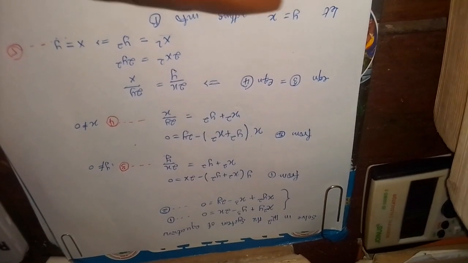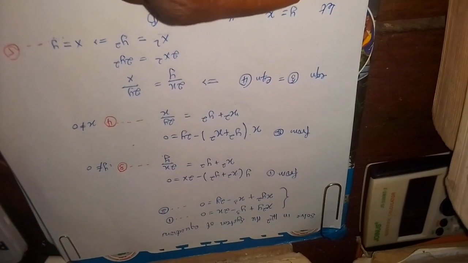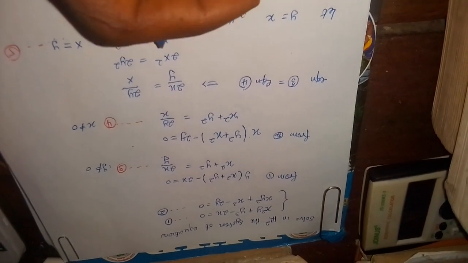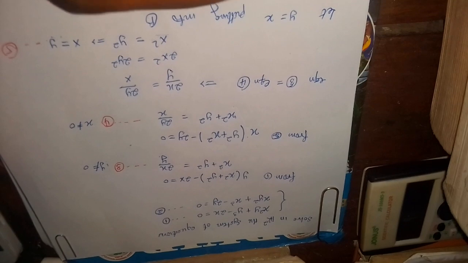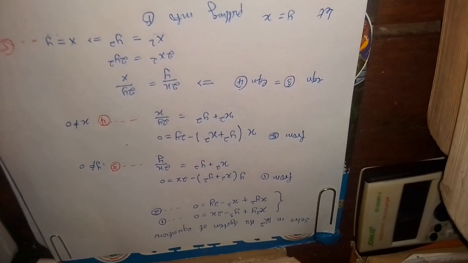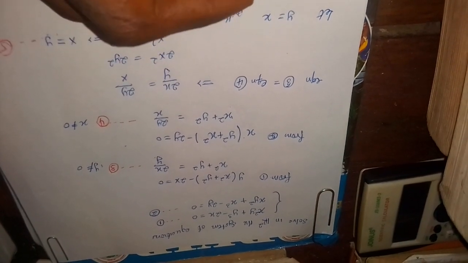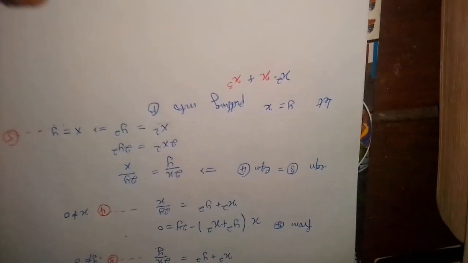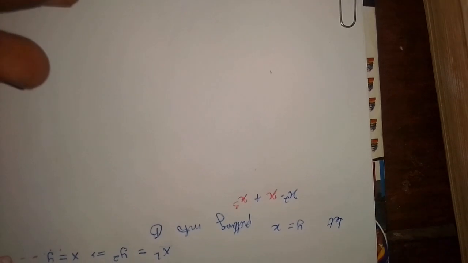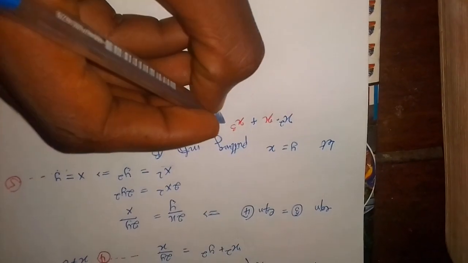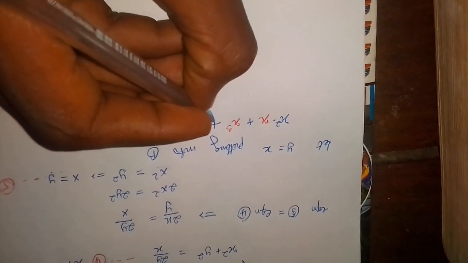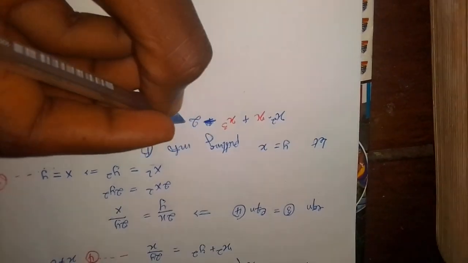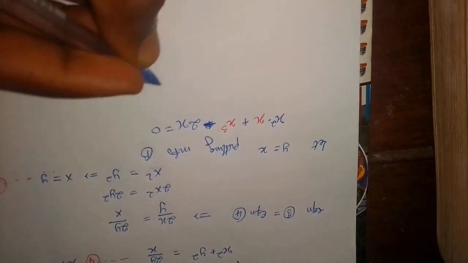In equation 1, in place of y we put x, so I have x squared times x, plus x cubed, then minus 2x equals 0.